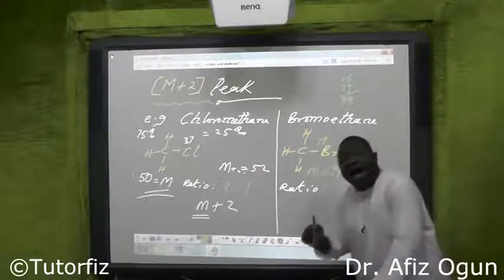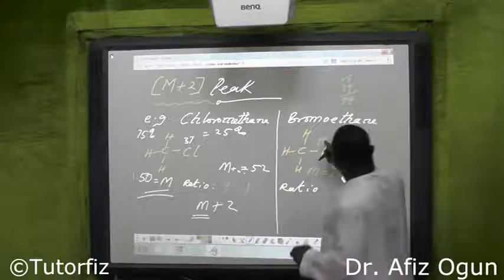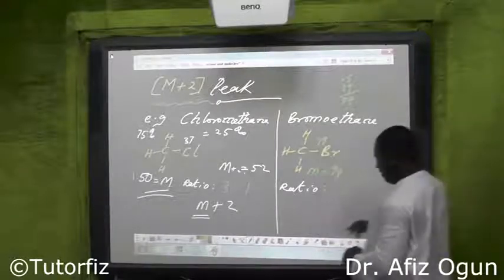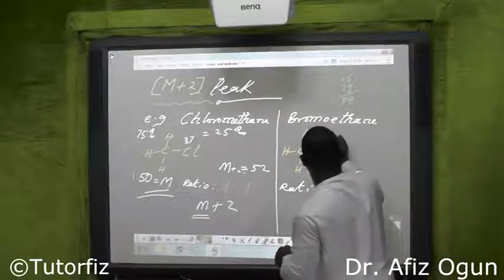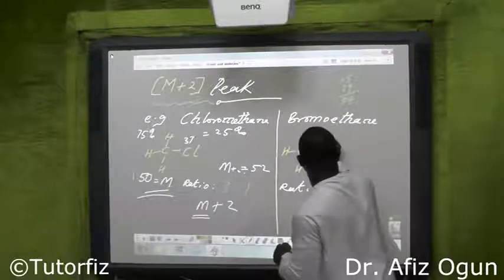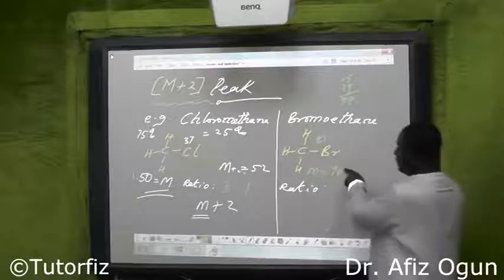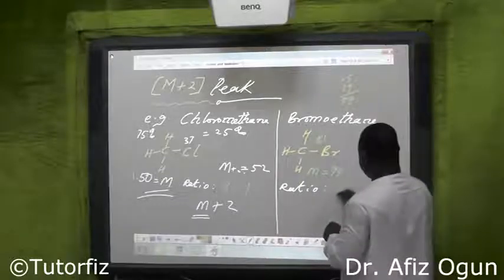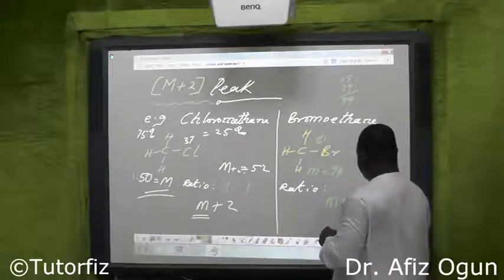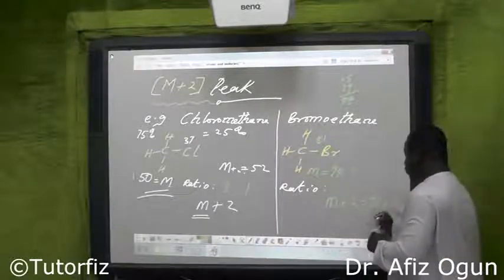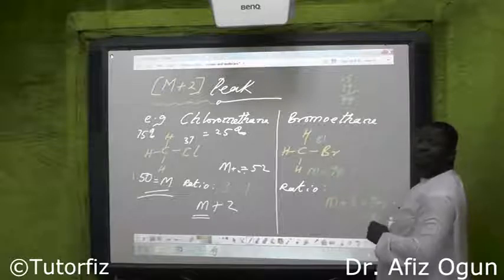Bromine has another isotope, which is what? 81. 2 more than this. So 94 plus 2 becomes M plus 2, which will appear at 96.